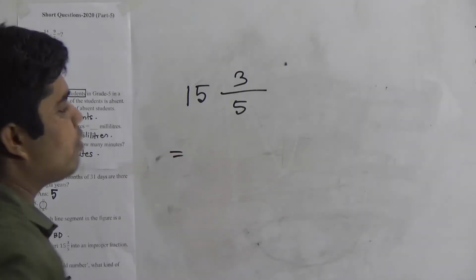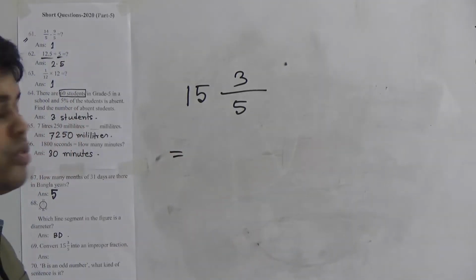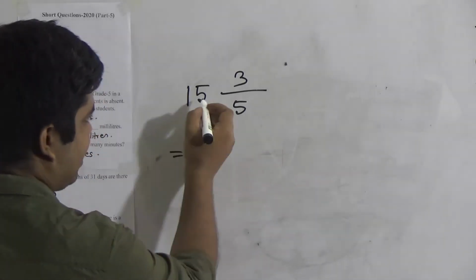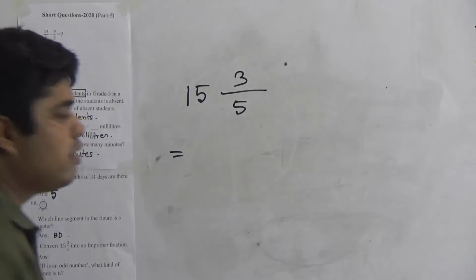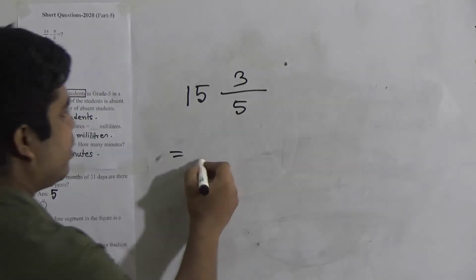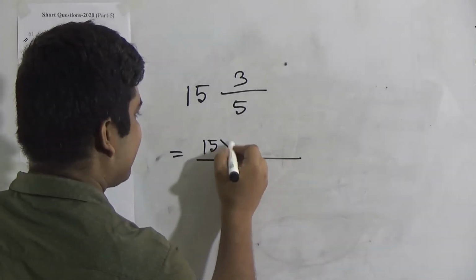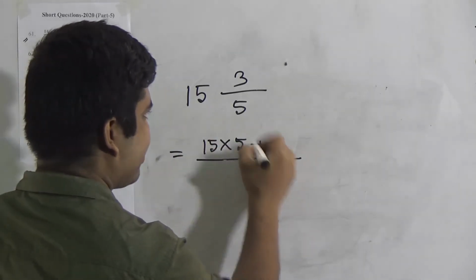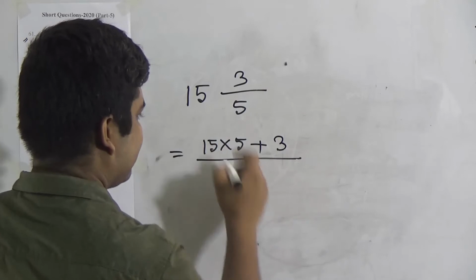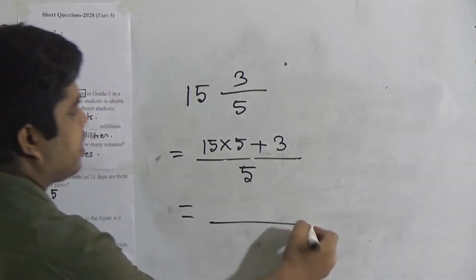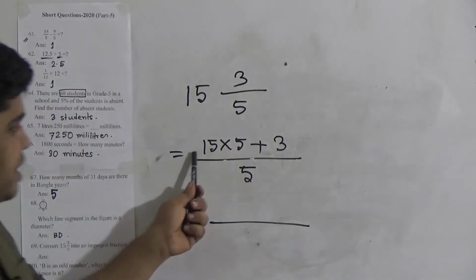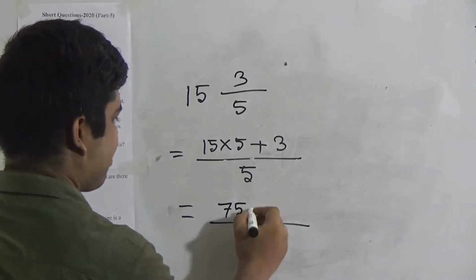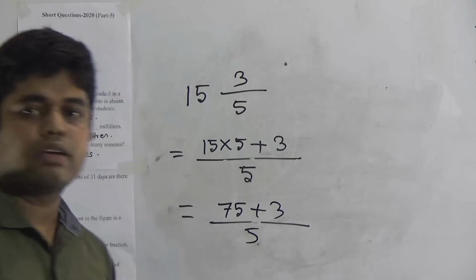We want to convert this mixed fraction into an improper fraction. So how? At first we multiply this integer with the denominator. So 15 multiply 5, and that product is added with this numerator, and the denominator stays here. After that we do the calculation. 15 times 5 is 75, plus 3 by 5.